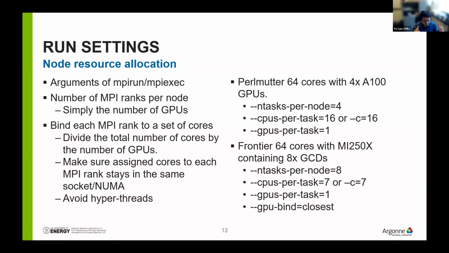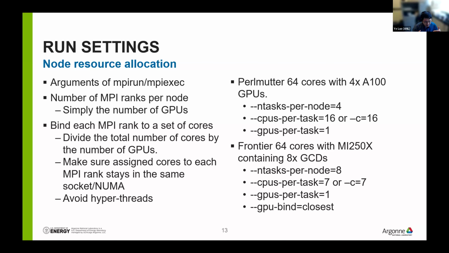Once you know the number of MPI ranks, you need to partition the CPUs on the node, basically dividing the number of cores by the number of GPUs. With that number, you need to carefully make sure affinity is correctly set. So if you have four MPI ranks, make sure all the cores of each live within the same NUMA node.